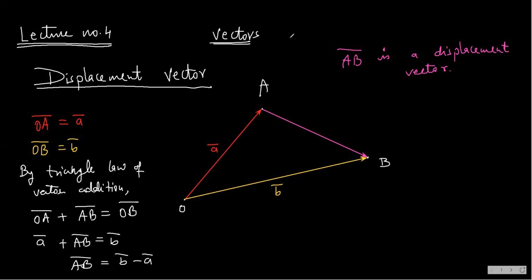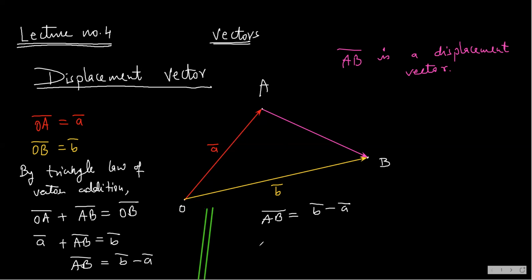And this is what we were working on. So once again, AB bar is B bar minus A bar.